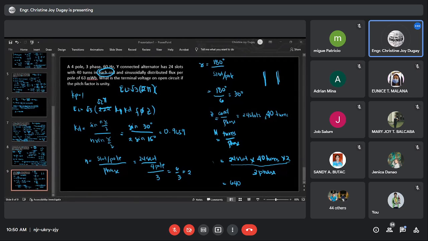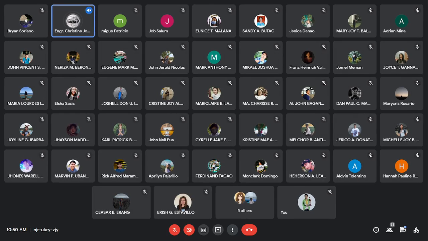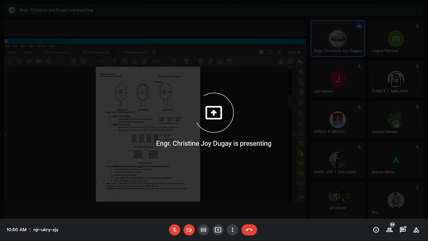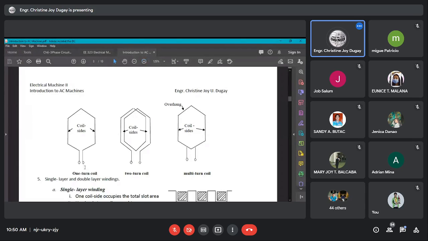This one. Ito para maintindihan mo siya. Coil sides in each coil. That's why I multiplied by 2. Since ang sabi niya each coil, this one is 1 turn. Ito ang coil natin.